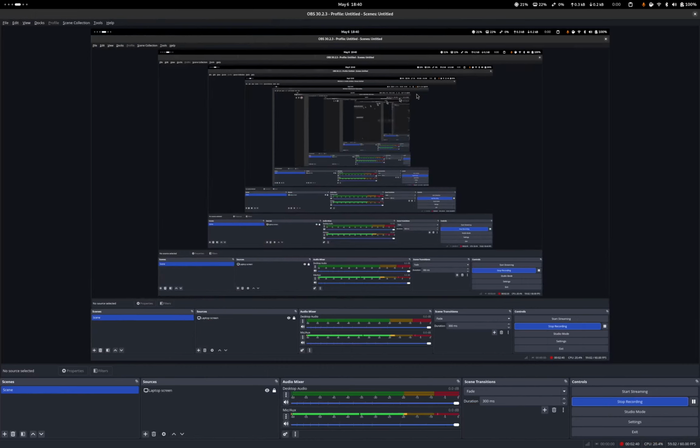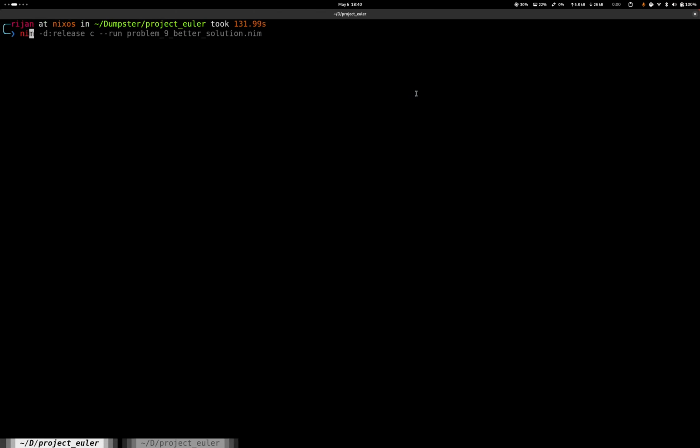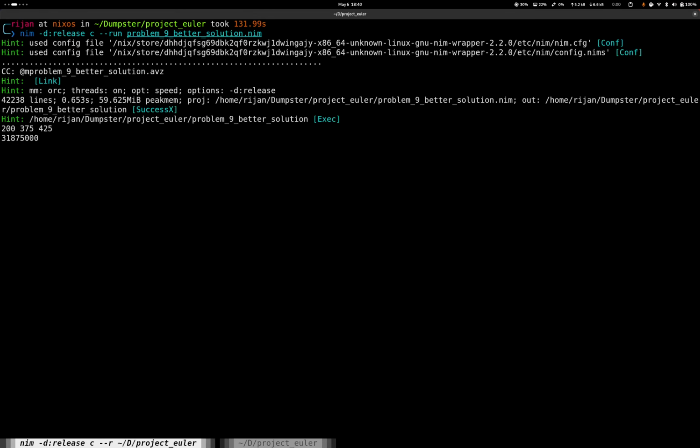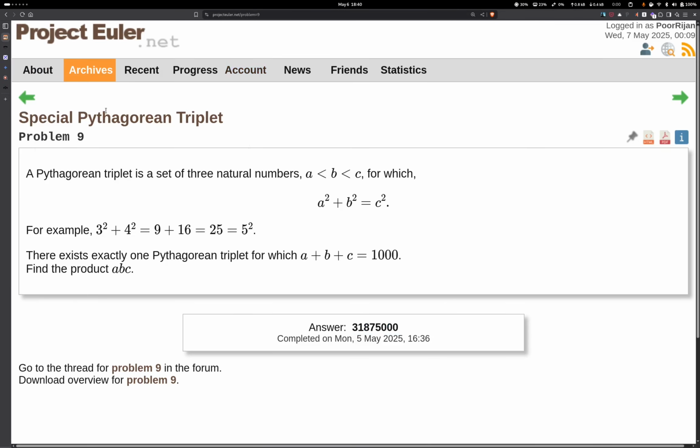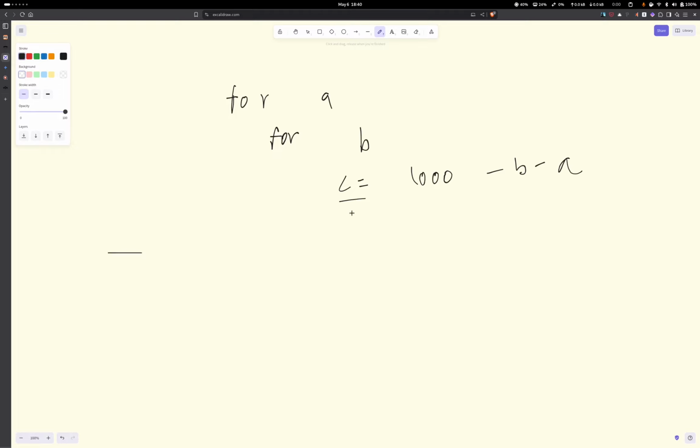So that would be nim -d release, you can see my terminal trying to help me out here, run problem 9 better solution. Okay, so yep, 200, 375, 425, 31,875, which was the solution we got with our previous iteration as well.